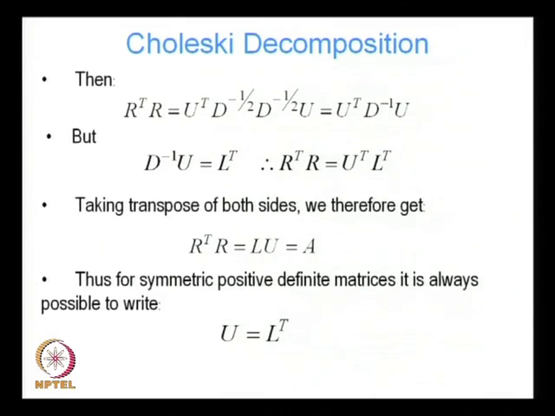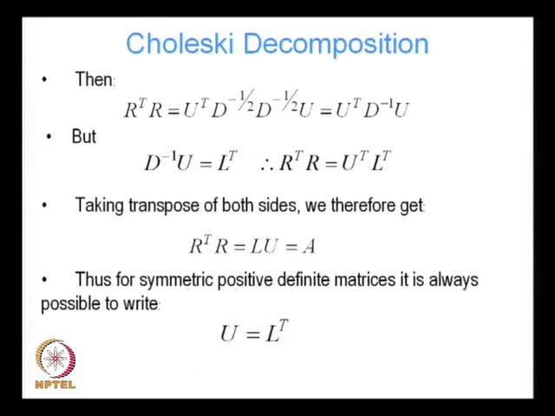Therefore, D inverse U is equal to L transpose. Therefore, R transpose R is nothing but U transpose L transpose, and taking the transpose of both sides, we get R transpose R is equal to LU, which is equal to A.